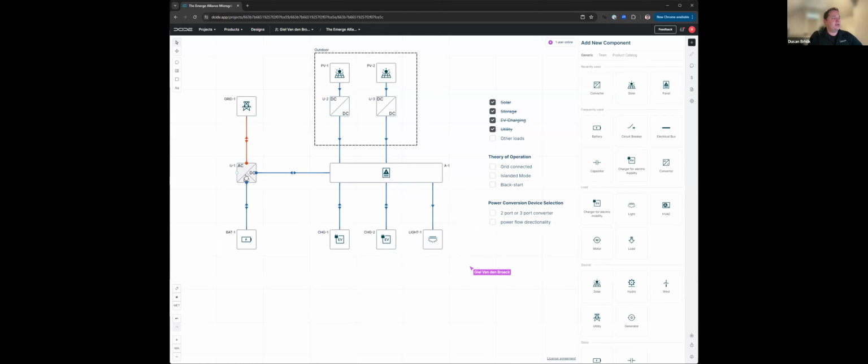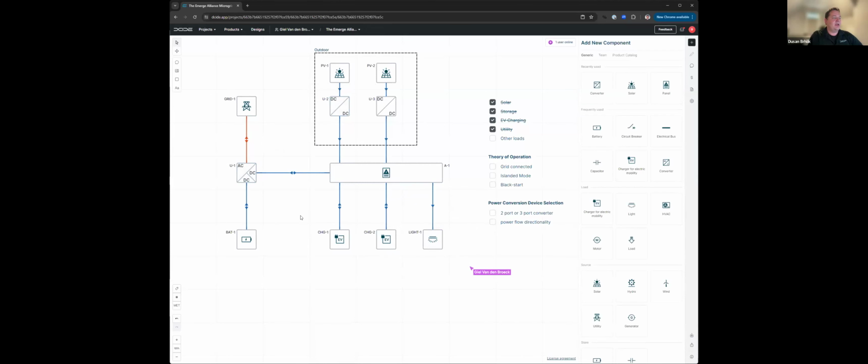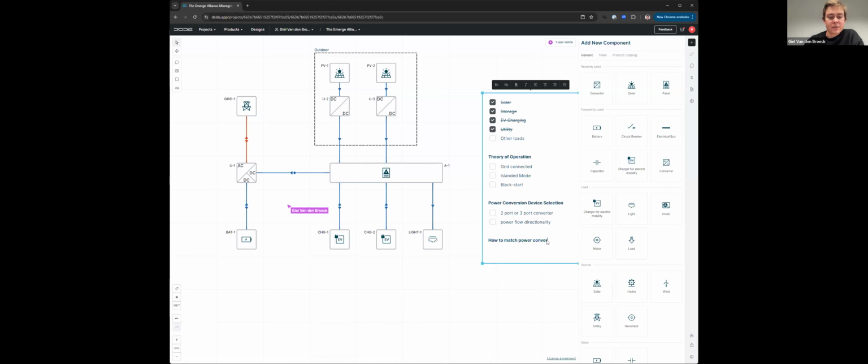Now, when we are trying to figure out if this converter can work with that converter, what are some of the considerations to take? Let's talk about maybe the top three. How do you go through your selection process today? So the first thing, obviously, is the voltage level.